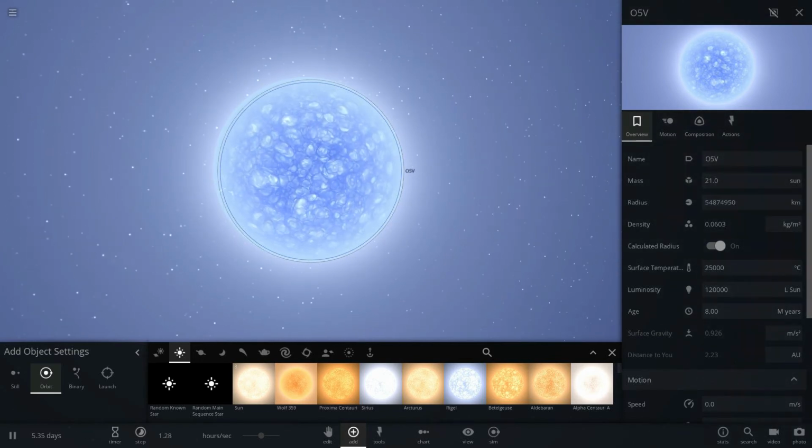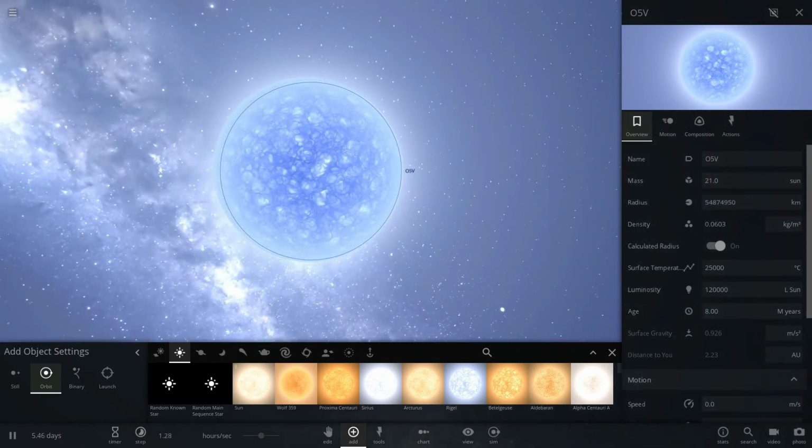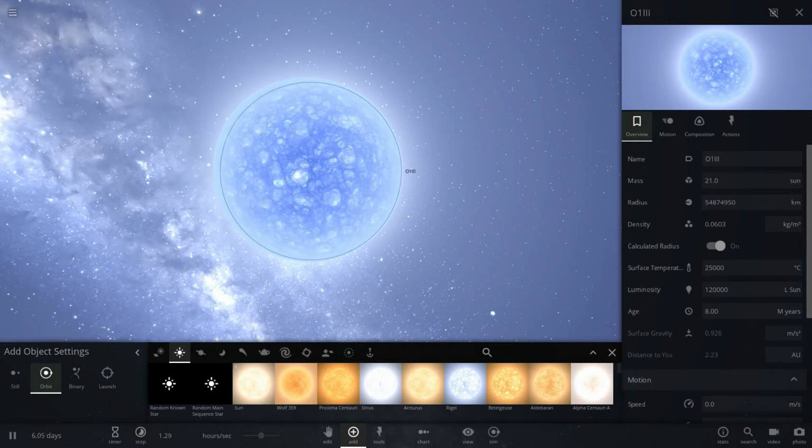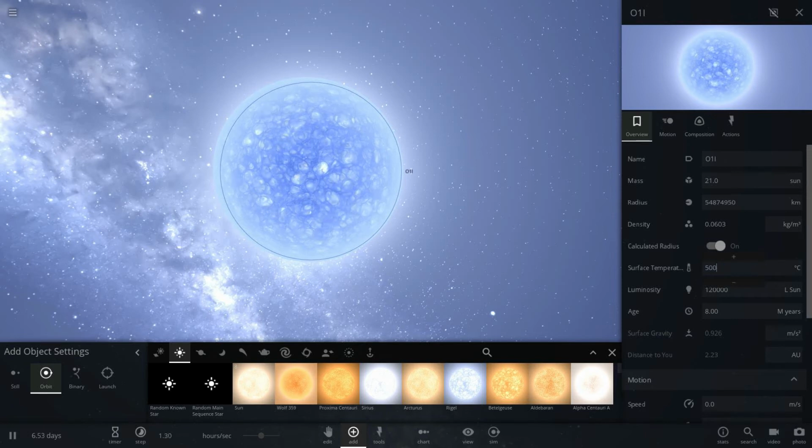Is it so undeniably hot that it's an O1? I don't even know what these lines are for, but I'm going to put them in. Maybe an O1 like that. It's probably going to reach about 50,000 degrees, so it's going to be so flipping hot.